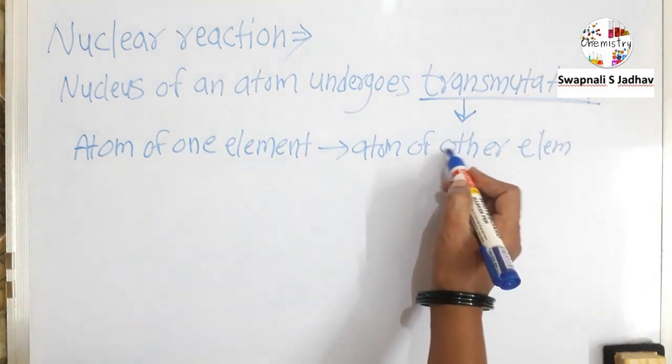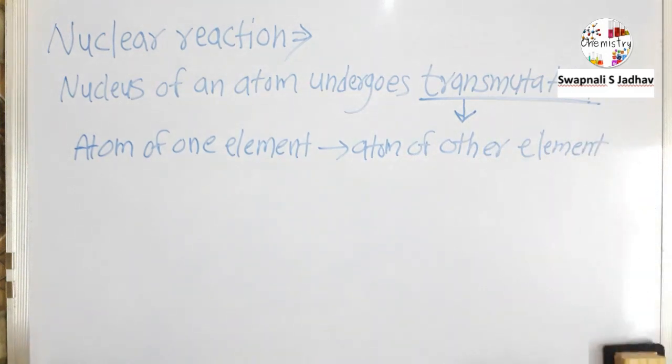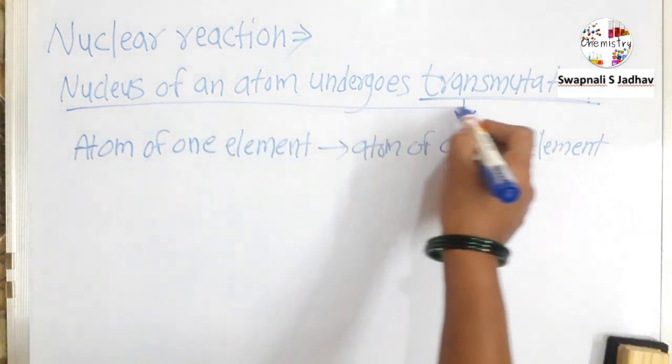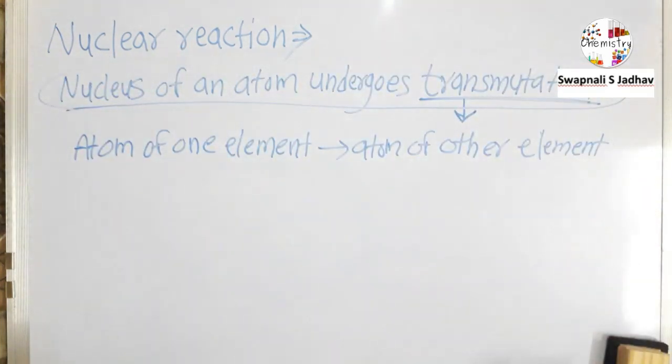Okay, understand? So a nuclear reaction is the reaction in which the nucleus of an atom undergoes transmutation.